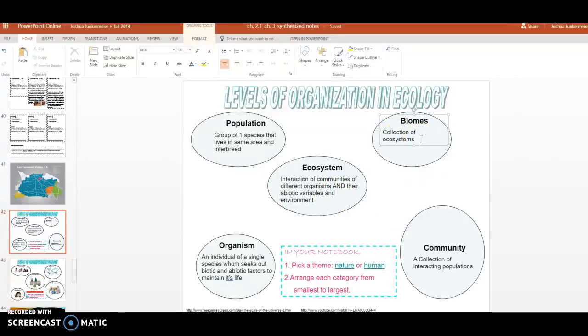So biomes are a collection of ecosystems of similar climate and species, and abiotic variables.